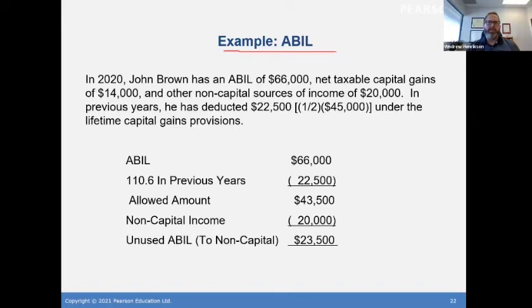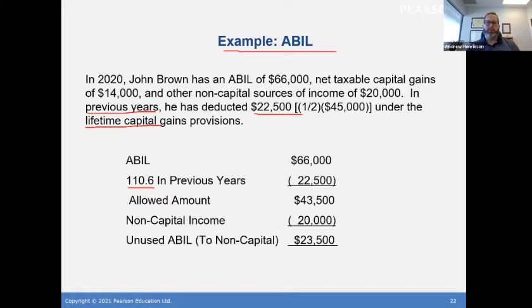In previous years, and that's the key, just like my client, they had deducted something under the lifetime capital gains provisions. In the past, they took 22.5 out. That's under section 110.6. We have to know everything they took out in the past because that's a lifetime thing. It just keeps adding up. How much have you claimed?